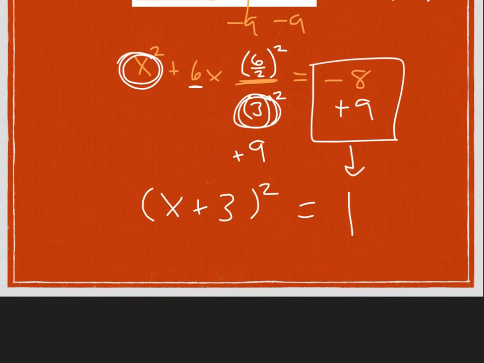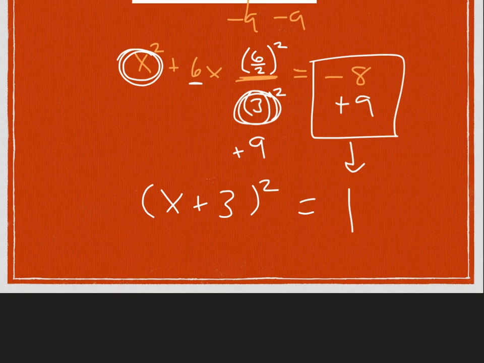Now how can we get rid of this parentheses squared? What do we need to do to get rid of that? We have to take the square root of both sides of our equation, so this cancels. So then we're just left with x plus 3.